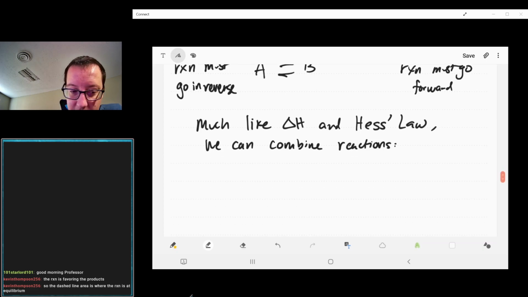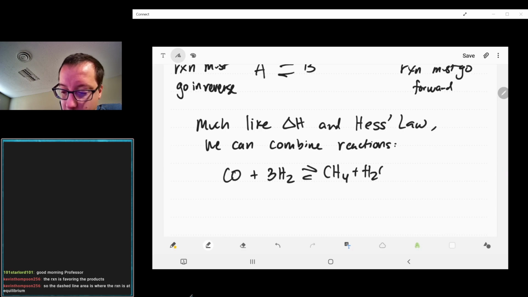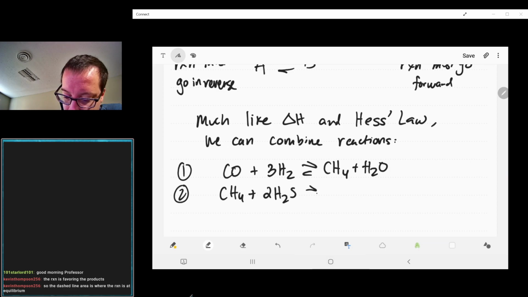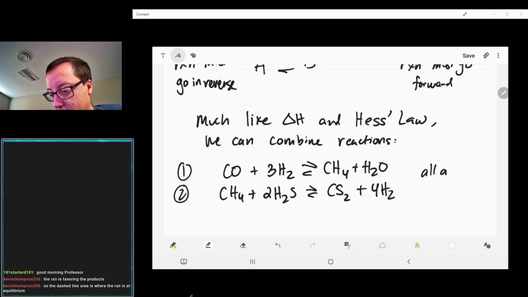So here we go. Here's a couple of reactions. Here's reaction 1, and here's reaction 2. Let's just say all are gases for right now.